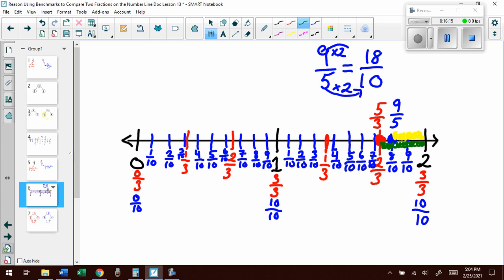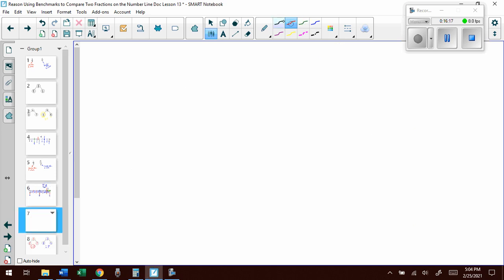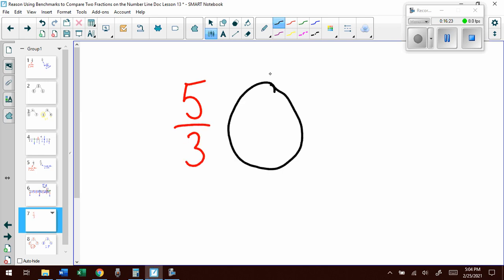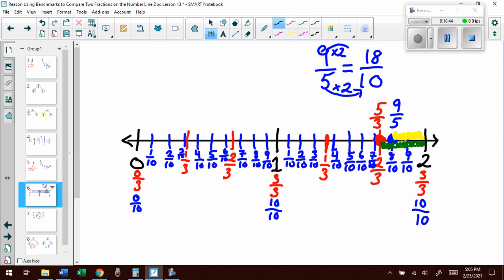We came to the conclusion that 5/3, when compared to 9/5, 5/3 is less than 9/5. So these fractions that are greater than 1/2, they take a little bit more work.